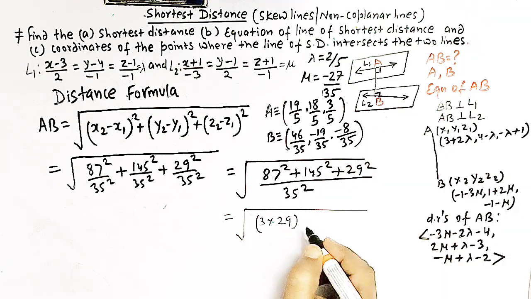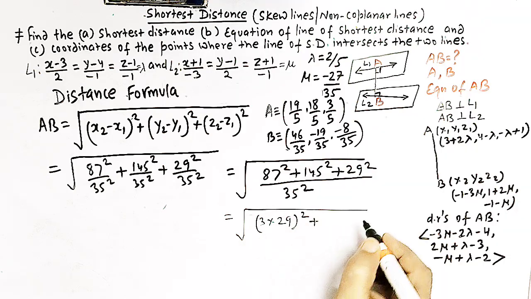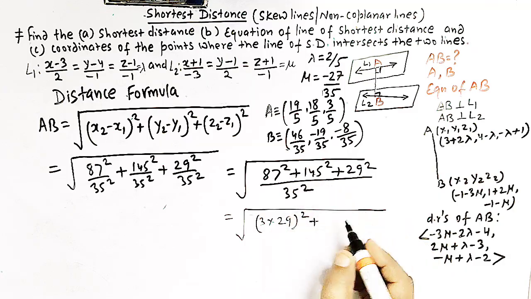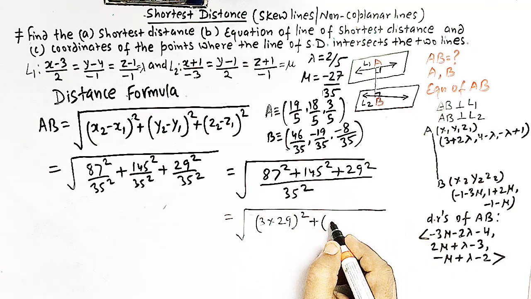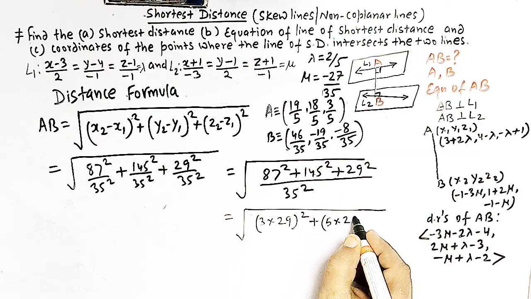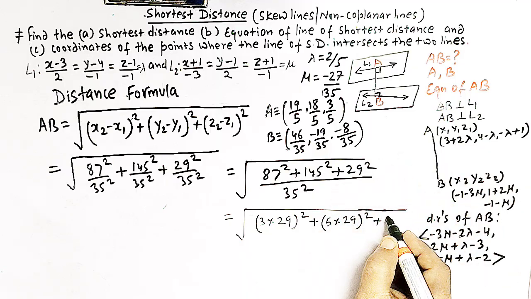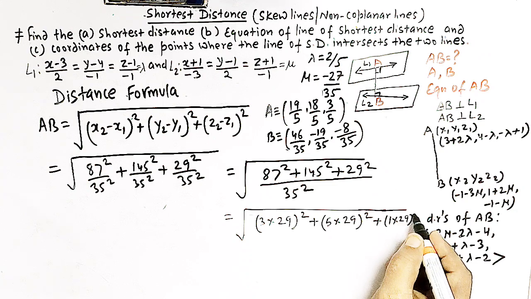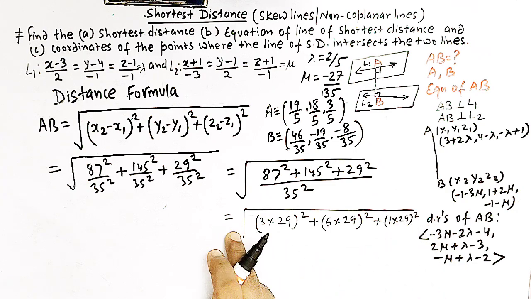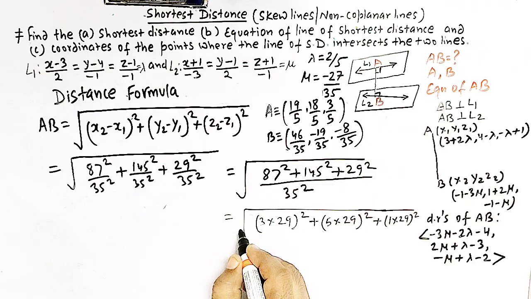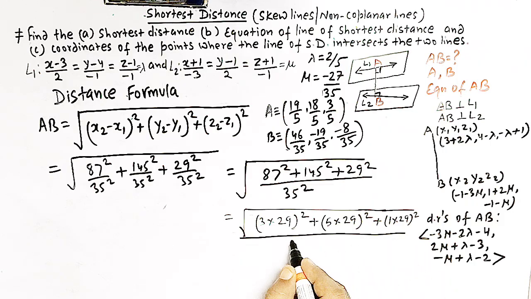So we have 3 times 29 square, and then we have 145, and 145 can be written as 5 times 29, and here we have a 29 square, so we can write it as 1 times 29 square, and here in the denominator we have 35 square, so we can now write here 35. The square root of 35 square is 35.